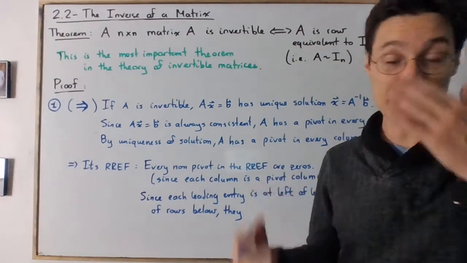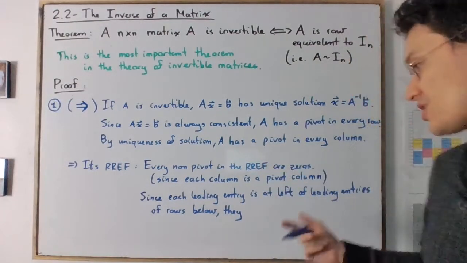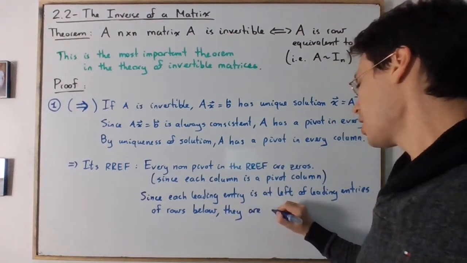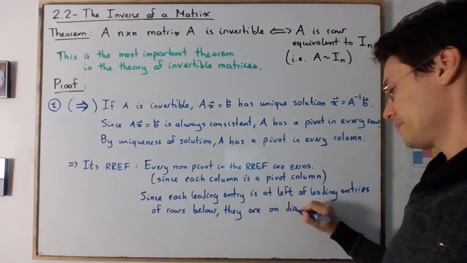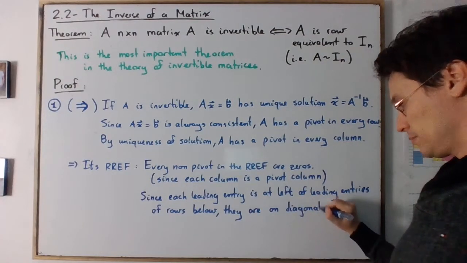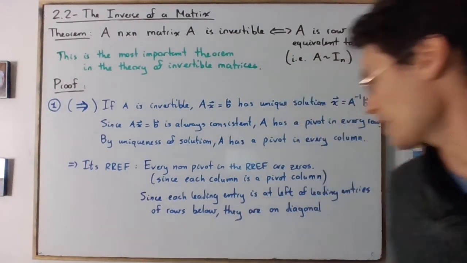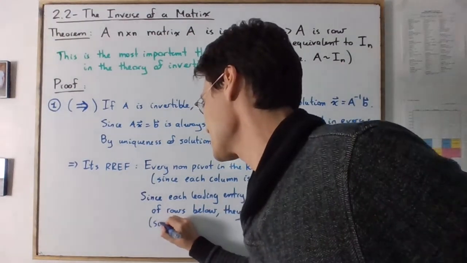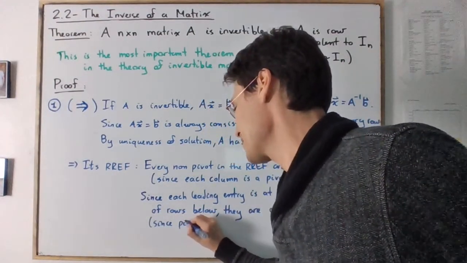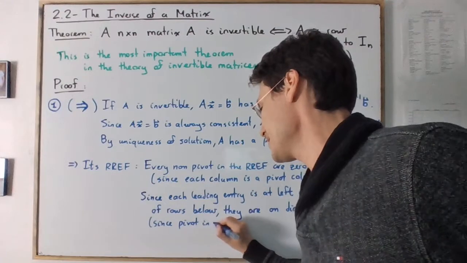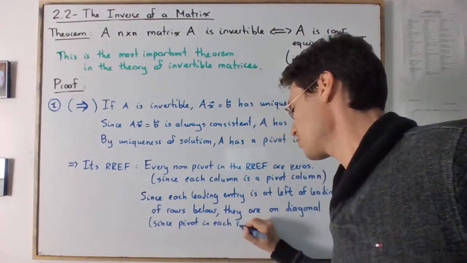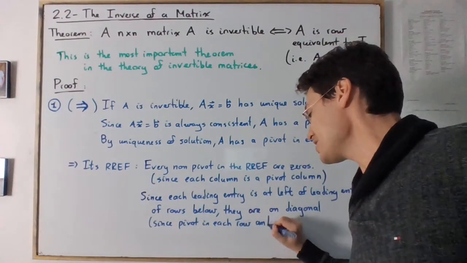And that's really because you have one in each row and one in each column. They are on the diagonal.